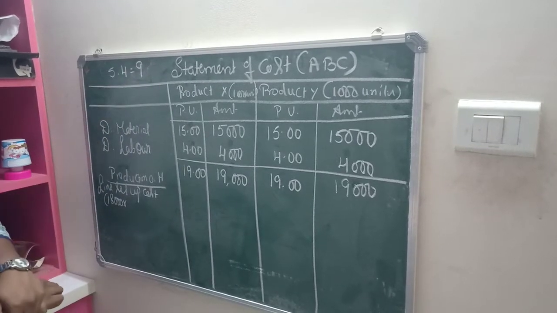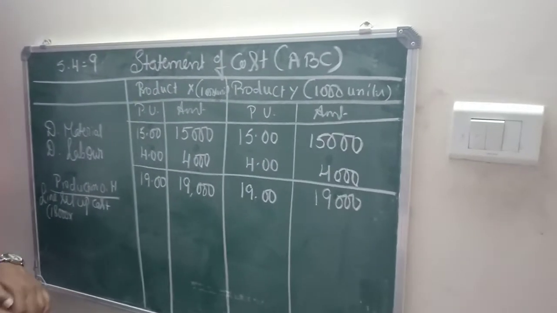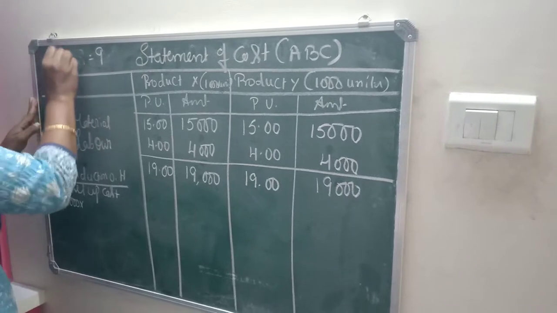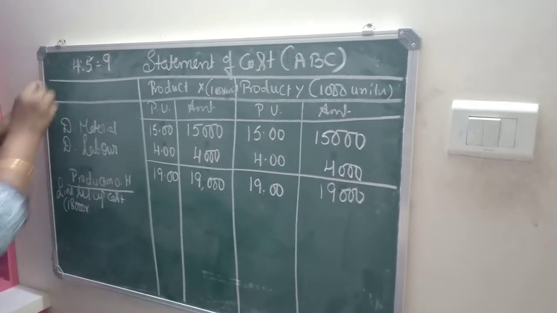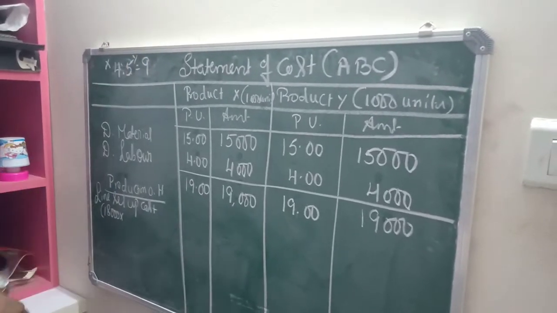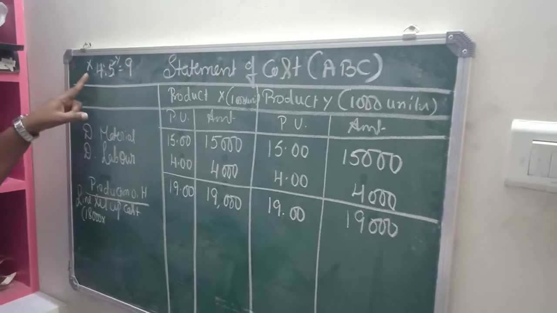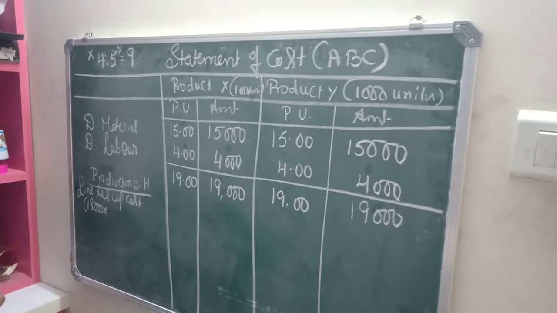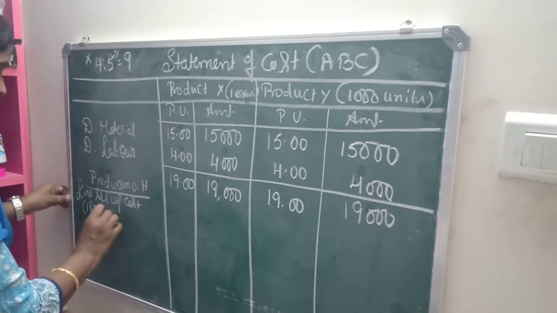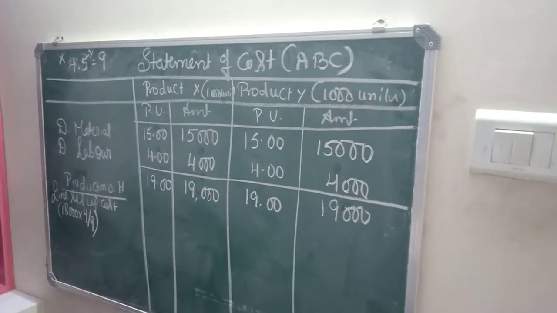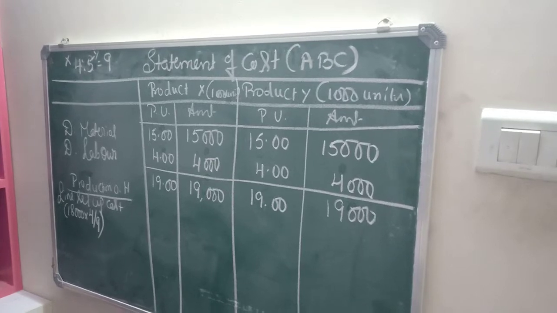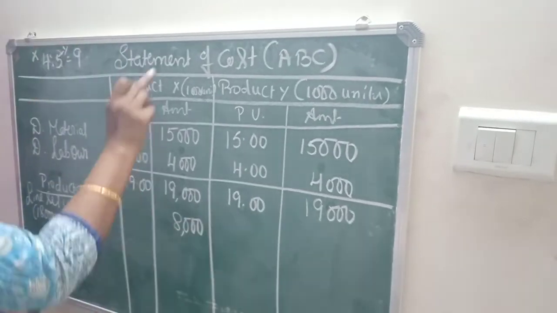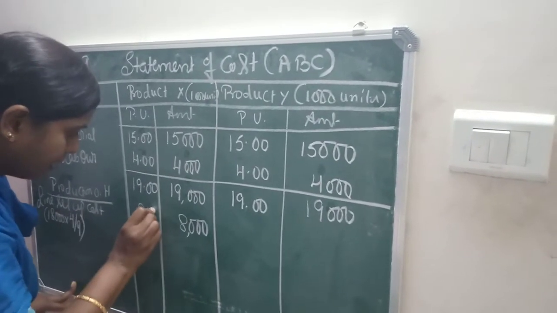How is this a 4:5 ratio? In the problem they have indicated the number of runs: 4 runs of X and 5 runs of Y. The 4 is for product X and 5 is for product Y. So I have taken the ratio 4:5, total 9. 18,000 rupees into 4 divided by 9 gives 8,000 rupees. 8,000 rupees divided by 1,000, 8 rupees per unit.